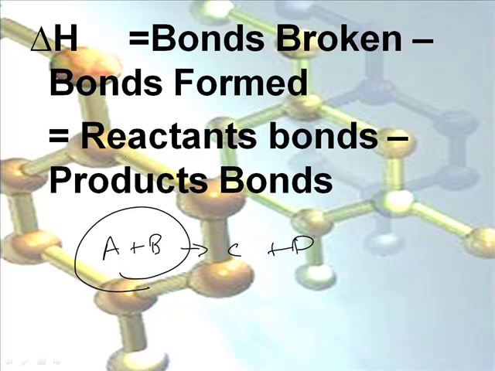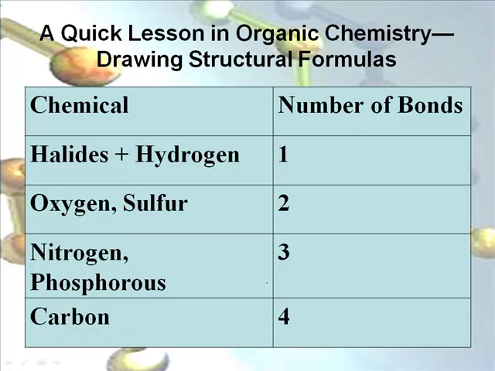So notice I said reactant bonds minus the bonds on the product side. The reason that's kind of weird is you're pretty used to taking products minus reactants, but this is the only one where you do reactants minus products. So it's a little bit weird. That's why I always just think broken minus formed. You break things on the left and you form them on the right.